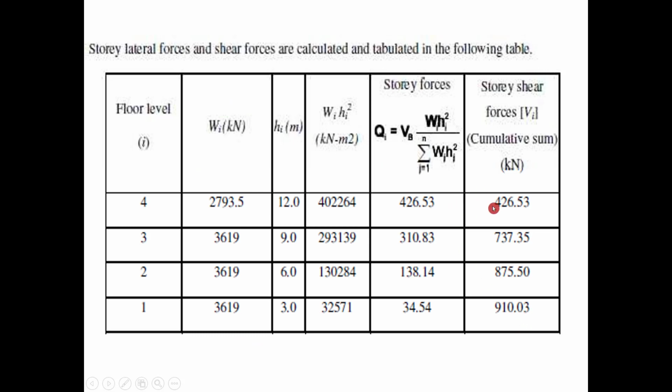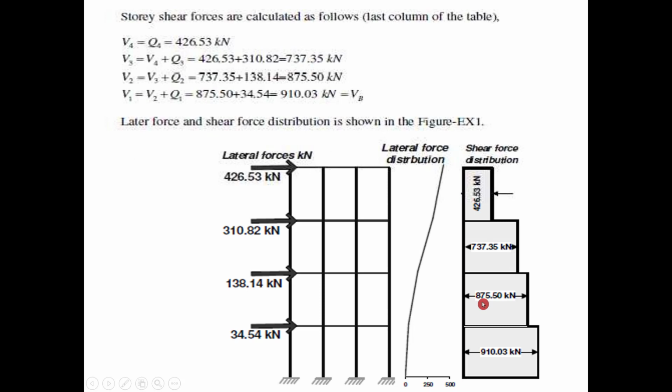These are the cumulative shears. The top story value is taken as the shear there, then the bottom story will be this value plus this value, which will give you the combined shear, then these three values will give the combined shear. Once you add all the values, that will be the base shear.